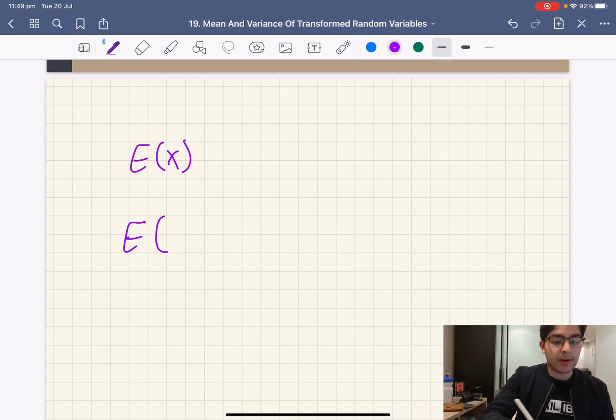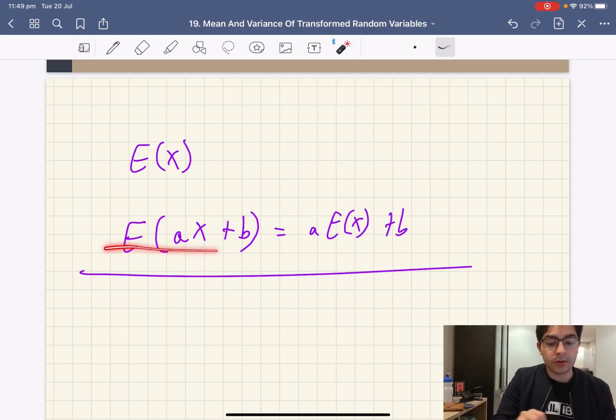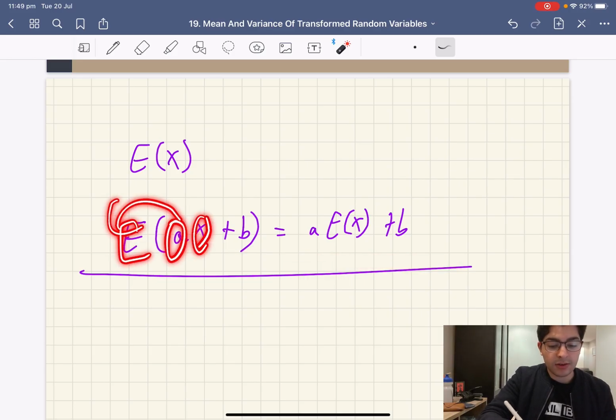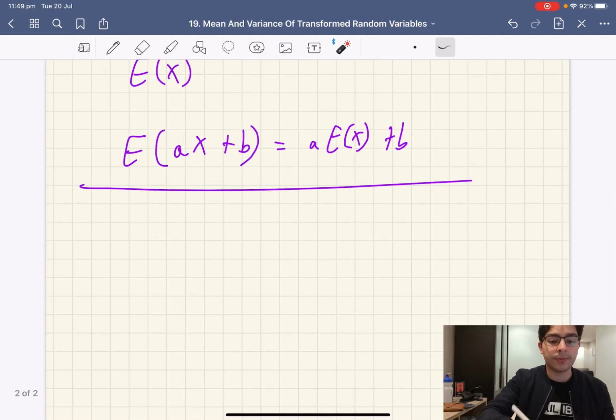The expected value of this X value being transformed is going to be the same thing as a times E of X plus b. This is just an important formula to note. We can rearrange it, pull this a on the outside, keep the E of X together, and then add b at the end.